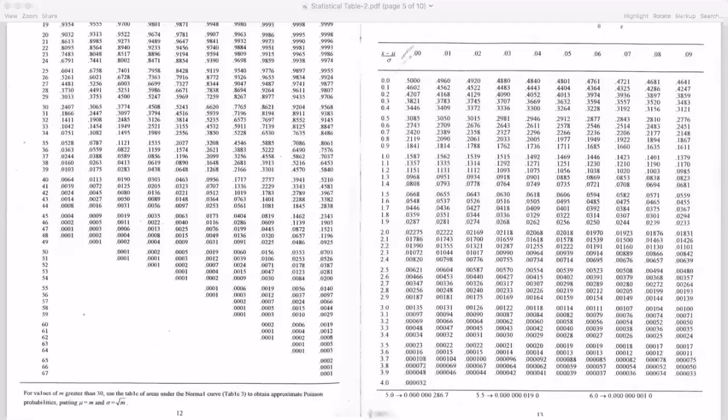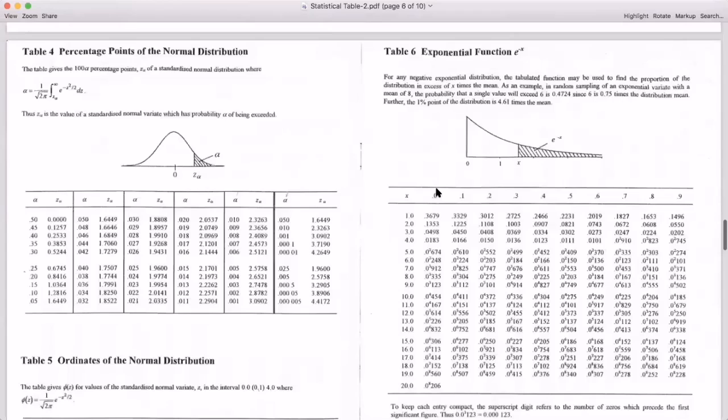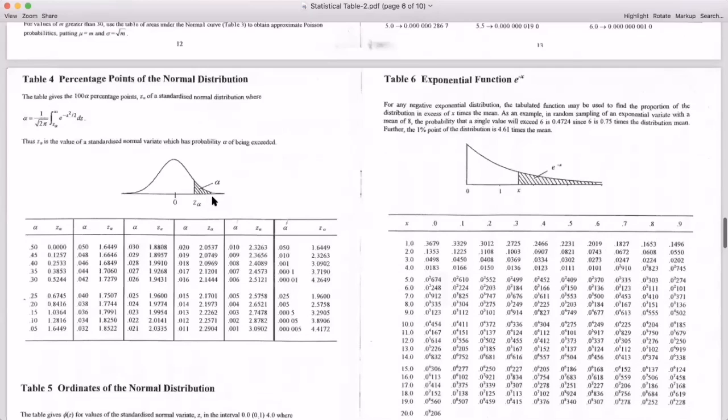Okay, so we are at the page of the statistical table. You could look at table 4. You want your alpha to be 10%, that's 0.1.